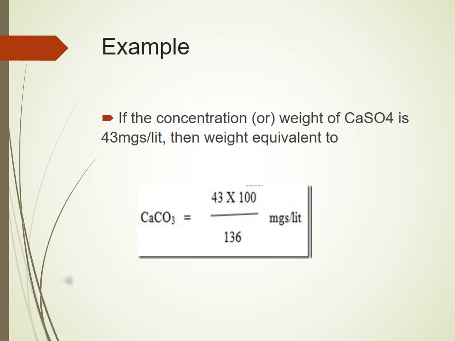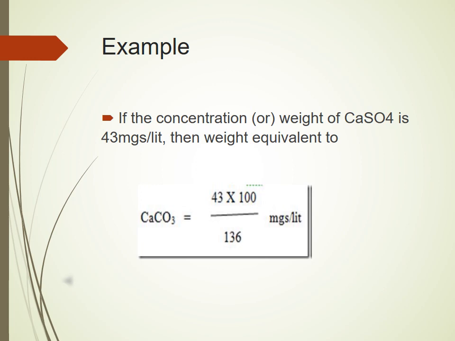For example, if you have to determine the concentration of the hardness causing impurity, that is calcium sulfate CaSO4, in terms of the equivalent weight of calcium carbonate, then you know the formula. In that formula, the molecular weight of calcium carbonate is 100.